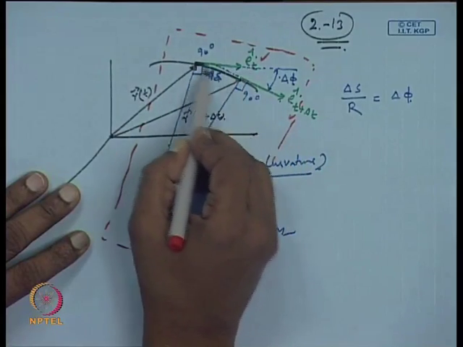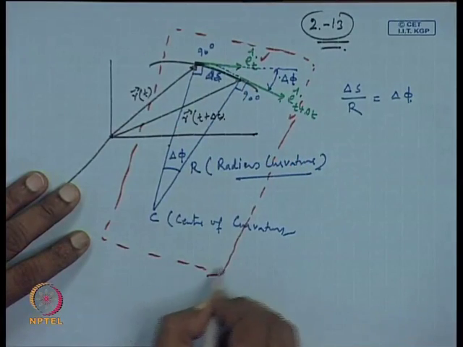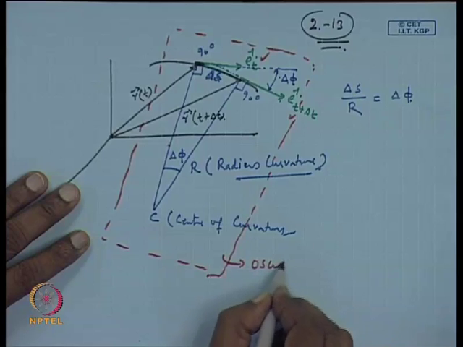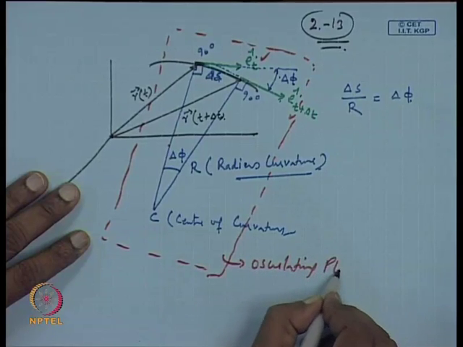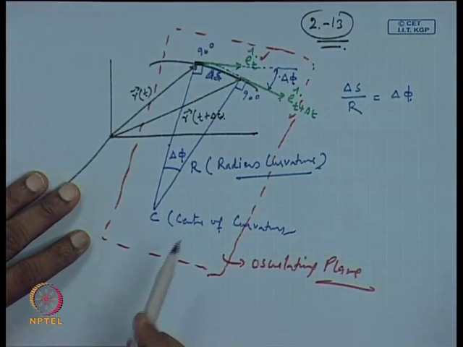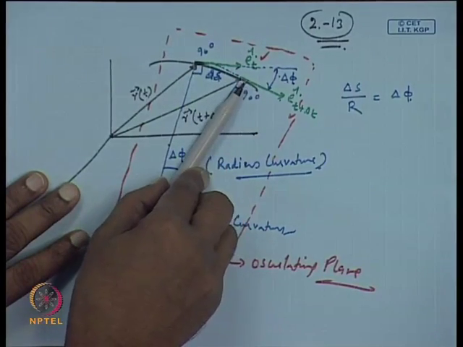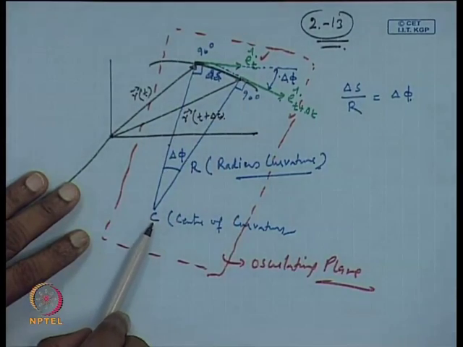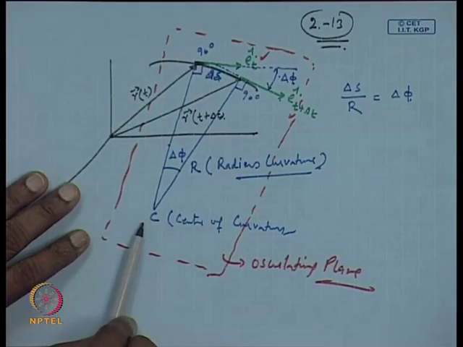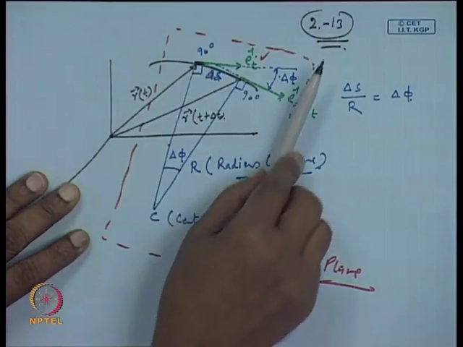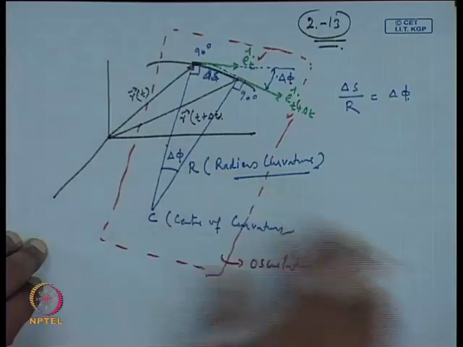So, these are the two vectors lying in this plane, which we call the osculating plane. Because this is perpendicular to this and this is also perpendicular to this, the center of curvature also lies in the osculating plane.